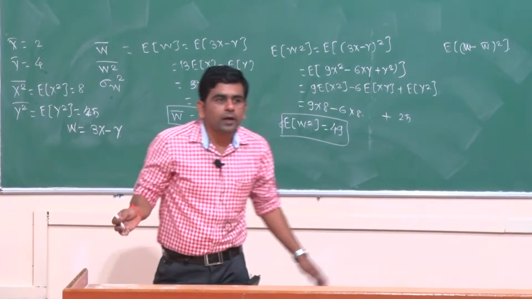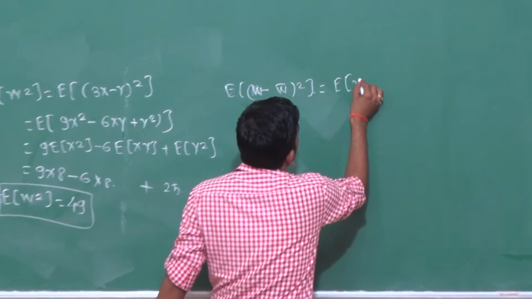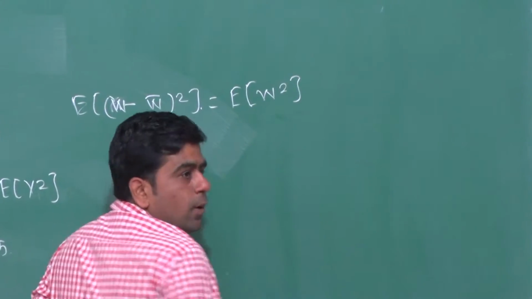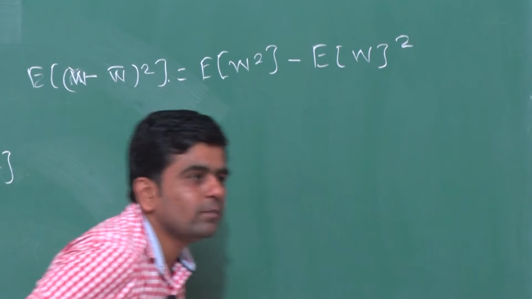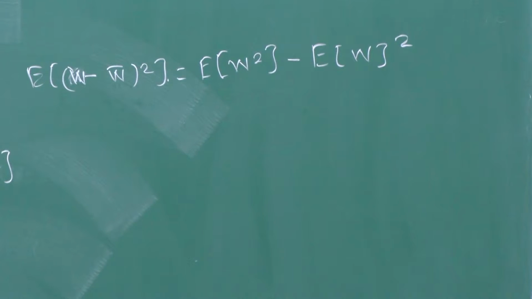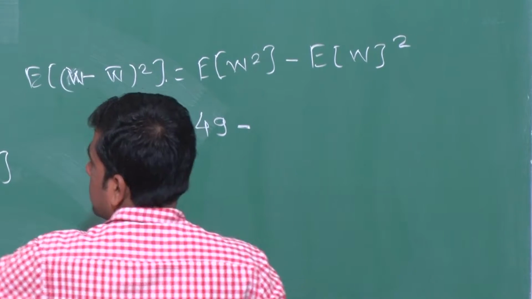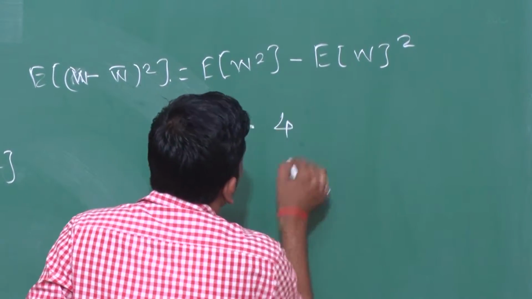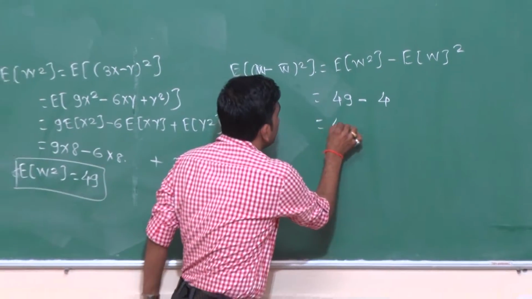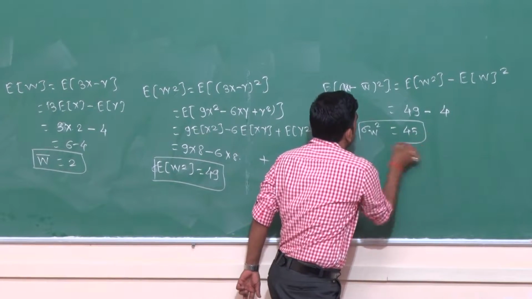That is given as expected value of w square minus (expected value of w) square. So here expected value of w square is 49 minus this w mean value square. This will give 45. This is nothing but sigma w square.